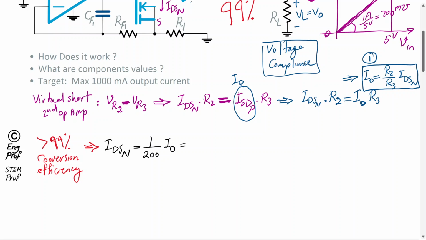So the maximum for this one is 1 over 200 times the max current, which is 1 amp. So we are talking about 5 milliamp.